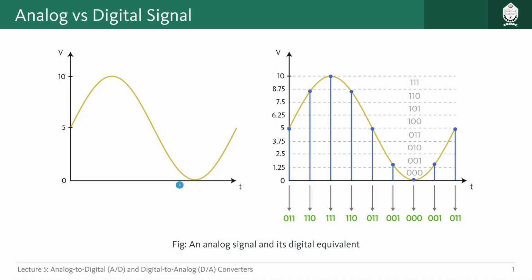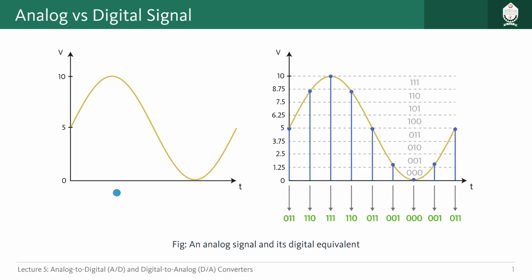That means within the range in vertical direction or horizontal direction it can have infinite possible values, right? And whenever we are talking about digital signal, we try to quantize or discretize both directions. I mean, we discretize the time domain as well as the amplitude values for the case of digital signal.